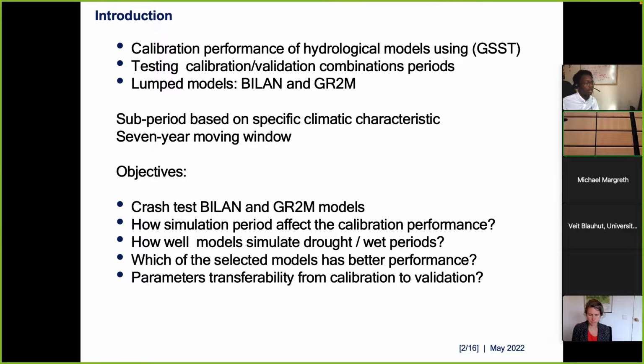The objectives of this research are to crash test the Bilan and GR2M models, and we would like to answer the question of whether the simulation period width affects the calibration performance, how well the model simulates the runoff type, and which of the selected models has better performance, and we will also diagnose the parameter transferability.